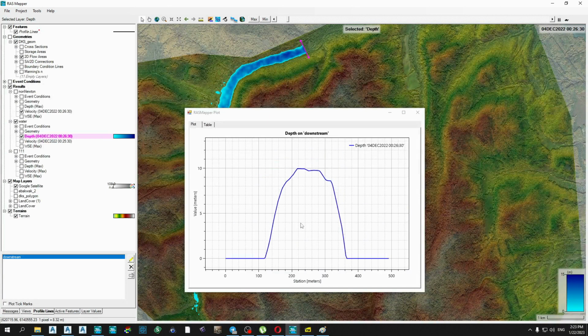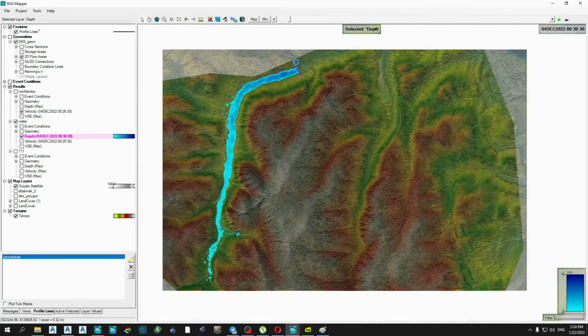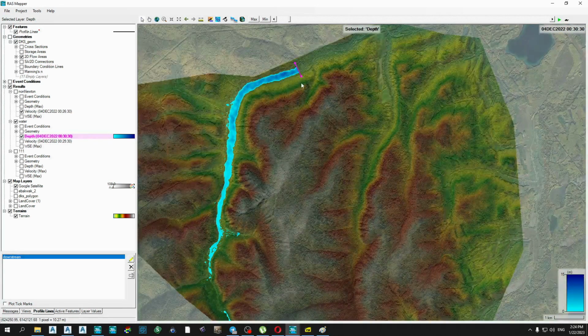We will see that the highest depth of 15 meters appeared in a very small time. It means that the slope of the water surface is very steep too, and the energy gradient is very steep. We must understand that in this place near the downstream cross section, the water surface slope and energy slope are not similar to the terrain surface slope.